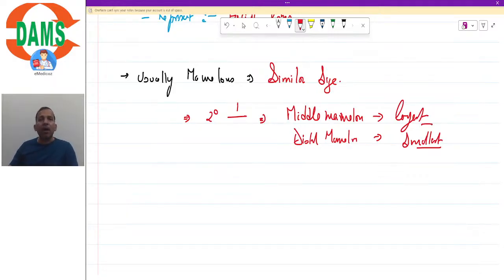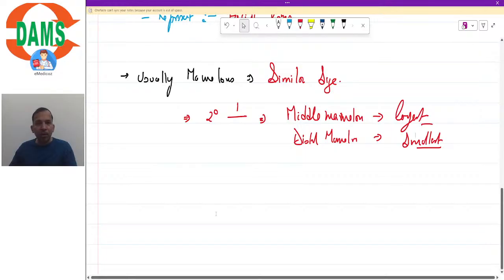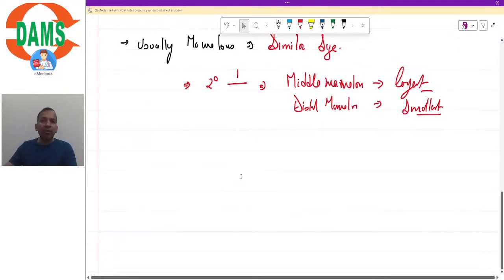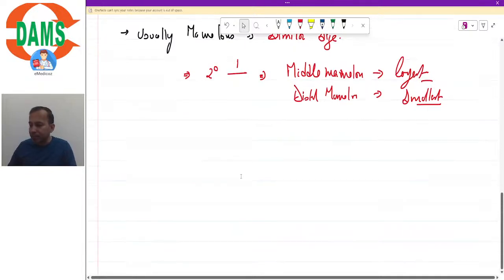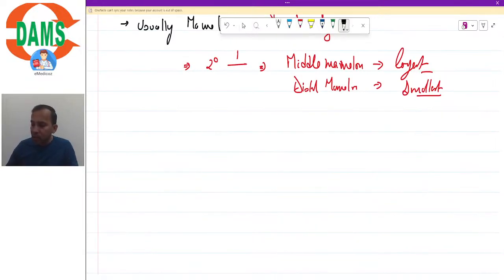The remaining incisors have mamelons of more or less equal size, so questions are not made there. Questions are made on maxillary central incisor mamelons. So this was about the first elevation, that is mamelons.